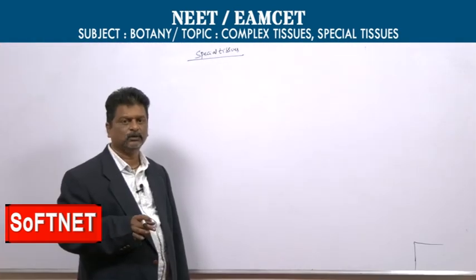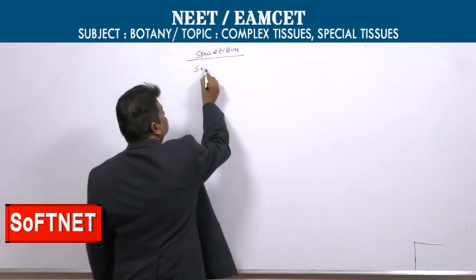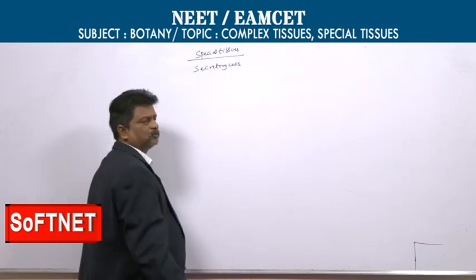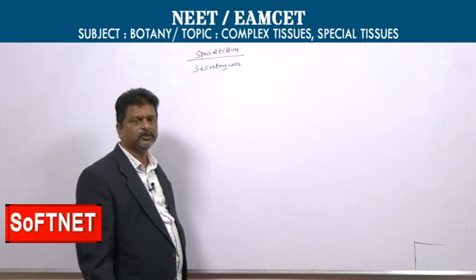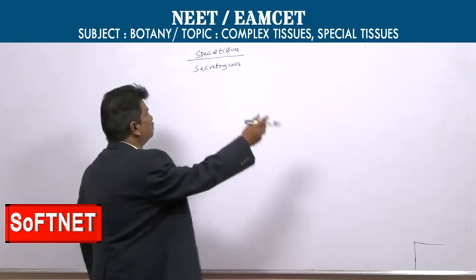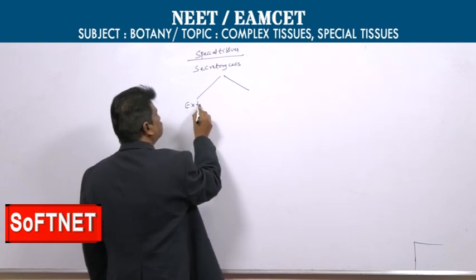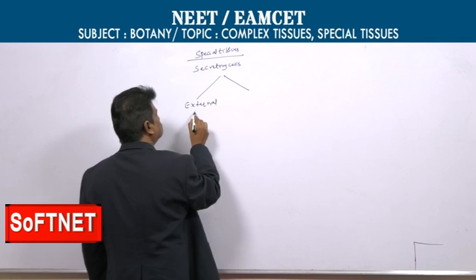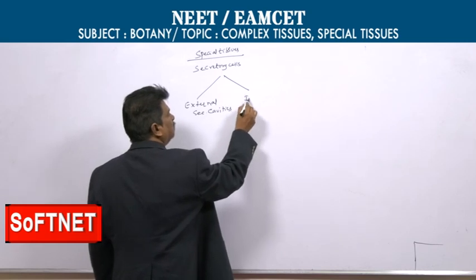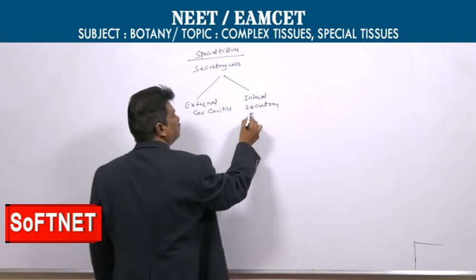Next type of permanent tissues, special tissues. Special tissues are also called secretory cells. They produce substances and release substances as a result of metabolism. The special tissues are divided into two types. One is external secretory cavities and the other is internal secretory cavities.